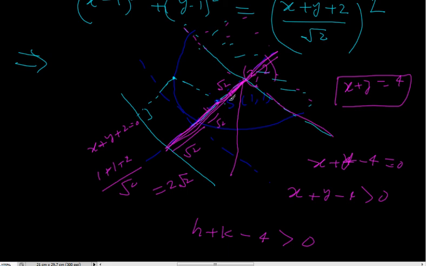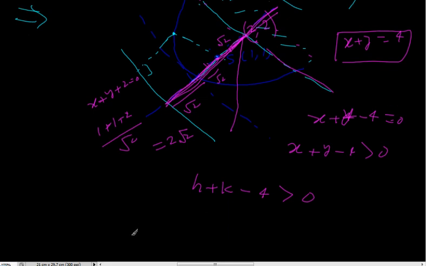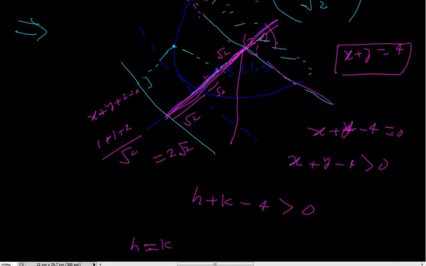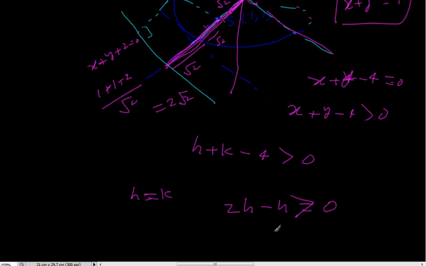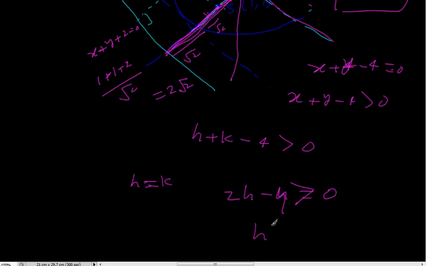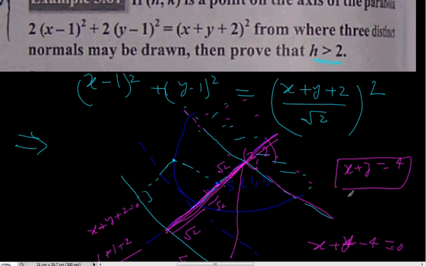All points are on the axis only, and normals are being drawn from the axis only, so h equals k, then you will have 2h - 4 greater than 0. It means h should be greater than 2. This is what we wanted to prove.